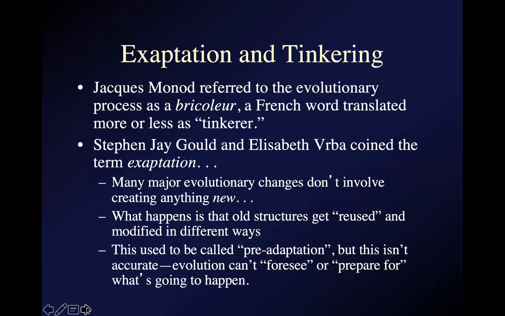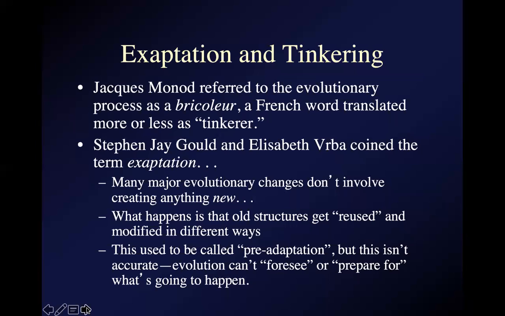So many evolutionary changes don't involve the evolution of anything radically new. What happens is that old structures that are already there get reused, like a boat gas tank getting reused as a Jeep gas tank, or a light switch getting reused as a dashboard switch for a fuel valve.